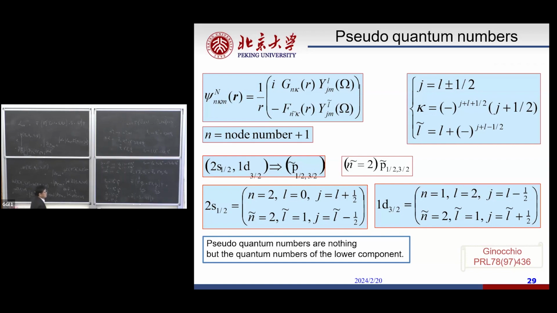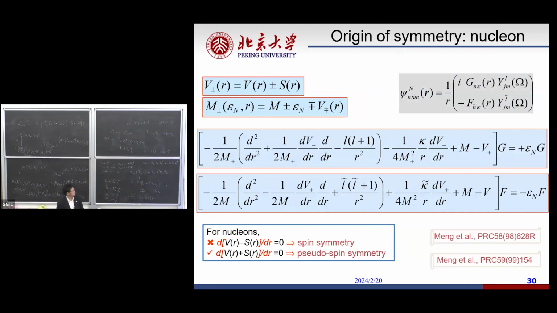If you compare these pseudo orbit partners, you will see what the difference of their components is. So we could conclude that the pseudo orbital angular momentum and pseudo quantum numbers are nothing but the quantum numbers of the low components, right?